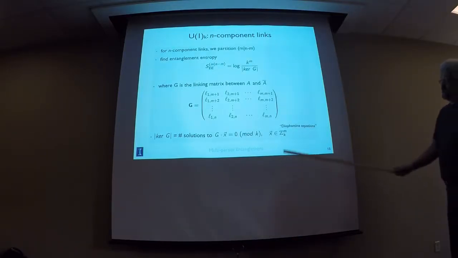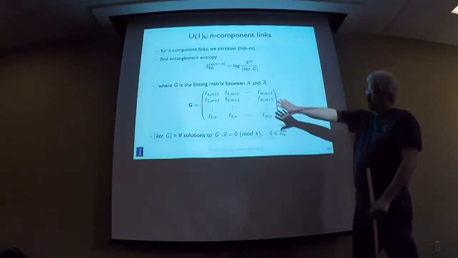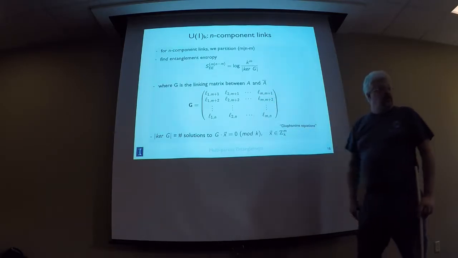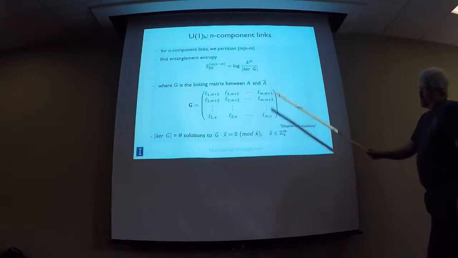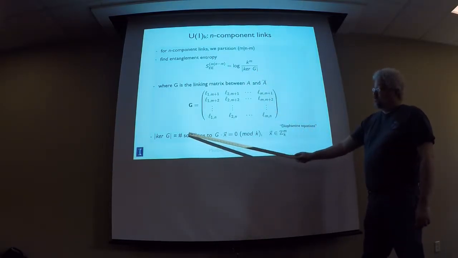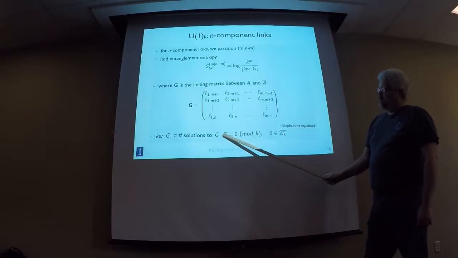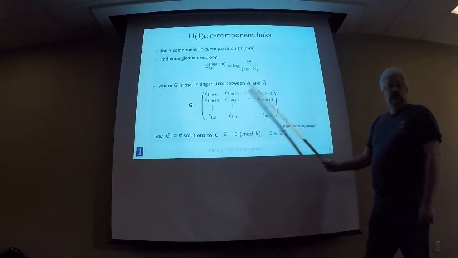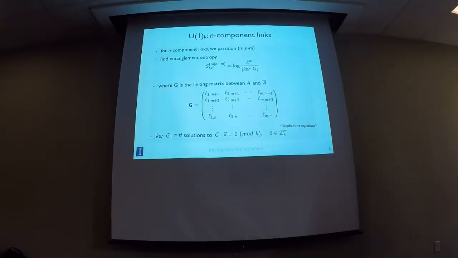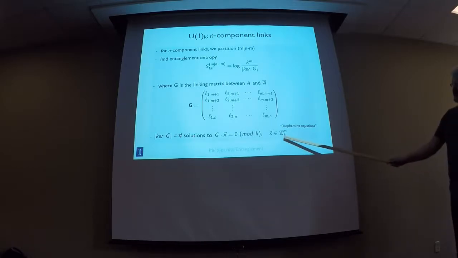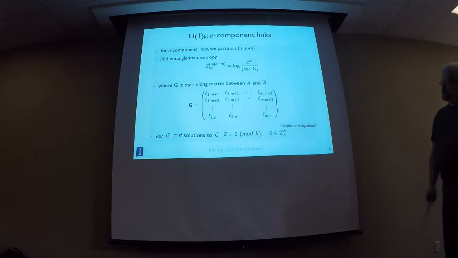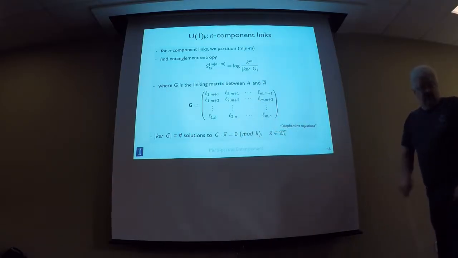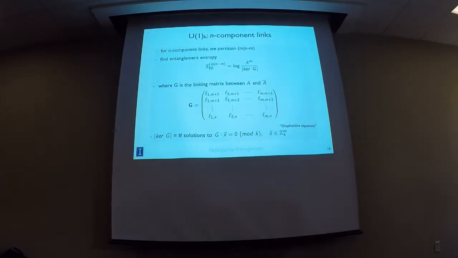In the two-component case, we had a 1-by-1 matrix, which was just L12, and this is the generalization. What I mean by the kernel of G is the number of solutions mod k of this matrix times a vector of Z_k elements equal to 0. You can refer to these as Diophantine equations.